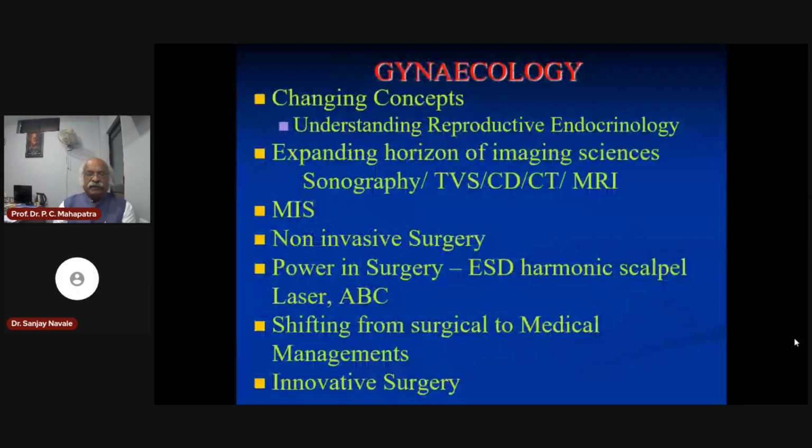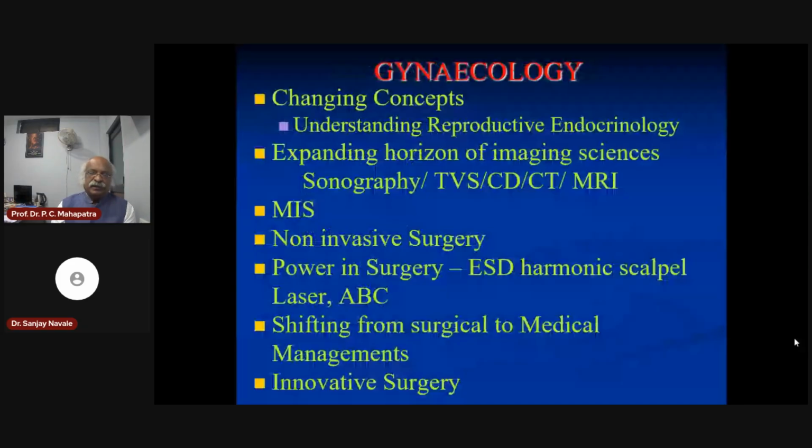Since the vessel sealer came out, sutureless surgery has become routine for the last one and a half to two decades, particularly bipolar sealing of vessels. The harmonic scalpel is certainly advantageous for a laparoscopic surgeon. It is a different concept from the electrosurgical device, as it uses ultrasound energy instead of electrical energy.